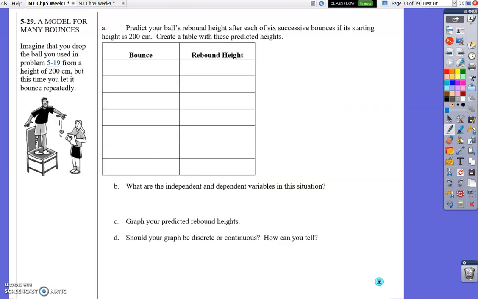So we're going to do 6 successive bounces starting at 200. Bounce 0 is 200. For bounce 1, if we do the 70 over 100, let's just go with 0.7 as our rebound ratio. So 0.7 times 200 will be 140.